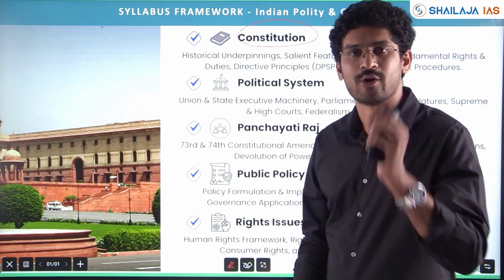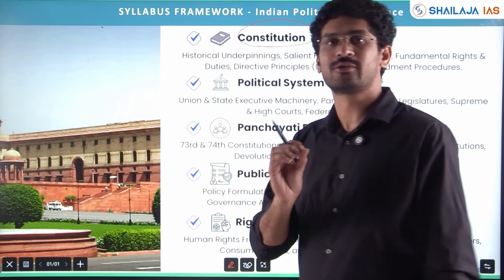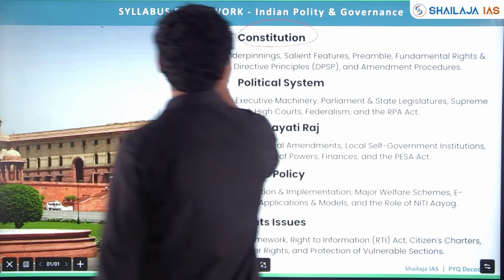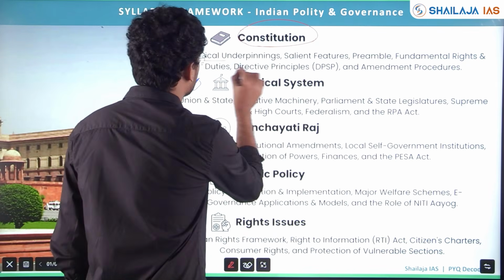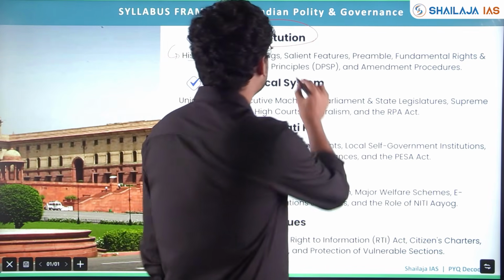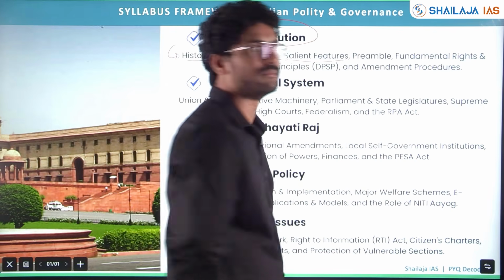they have mentioned constitution. So in the constitution, what we get based on the PYQs is historical underpinnings and the salient features of the constitution.